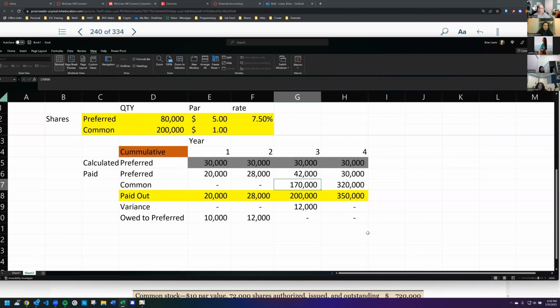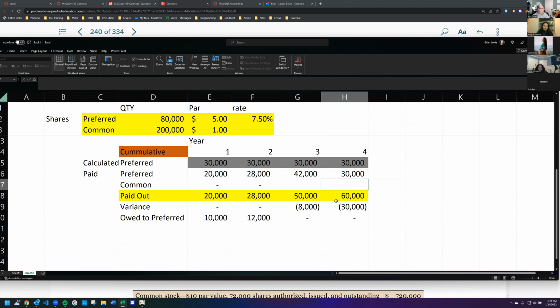And we'd have to reduce the 170. An easy way to do that is to just take out your number there. Now you've got what would actually be paid for the common. The rest of this would stay the same because you're caught up in year 3. But let's say for grins that this is more like 50,000 this year, and 60,000 in the year after that.